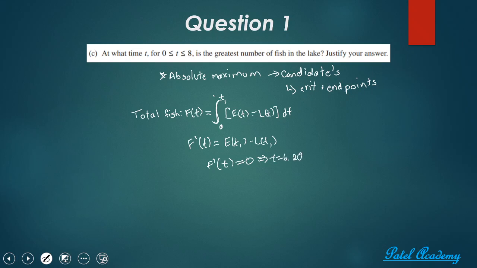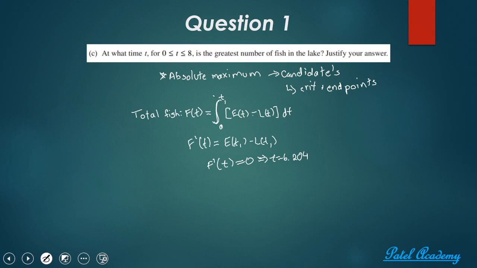Now keep in mind, the reason why I'm able to do these calculations this fast on my calculator is because at the very start, I defined my functions. And so in this case, all I had to do was solve E(t) minus L(t) equals 0. That's all I had to do. And depending on your calculator, you might not even have to do the equals 0 because the solve will default to an equals 0. And so it's a matter of 2 seconds and you instantly get your answer. And so I get t equals 6.204.